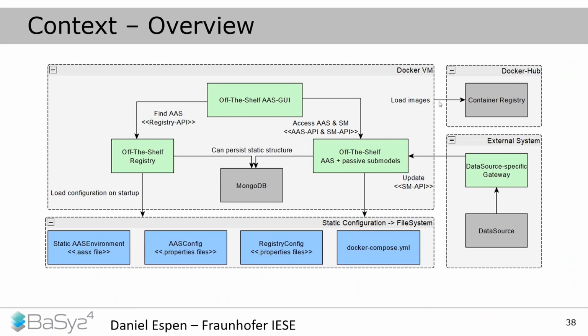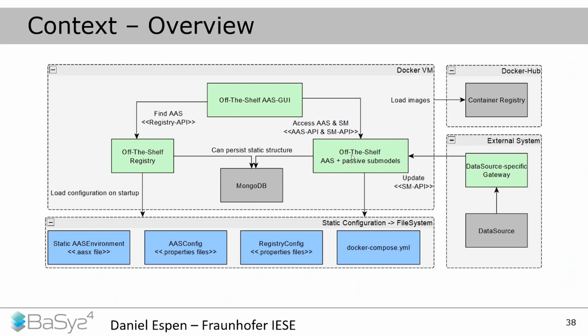So you can download all the images here and start all the Docker containers in your Docker virtual machine. So here in the last example, we started the registry, the off-the-shelf asset administration shell server, and the graphical user interface. And then you have the option to also persist the changes in the registry and the AAS server via MongoDB.